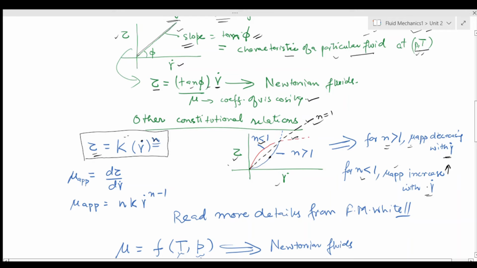So n less than 1 and n greater than 1 would be the cases for non-Newtonian fluids. These are the cases for non-Newtonian fluids, and this is the power law for fluids.